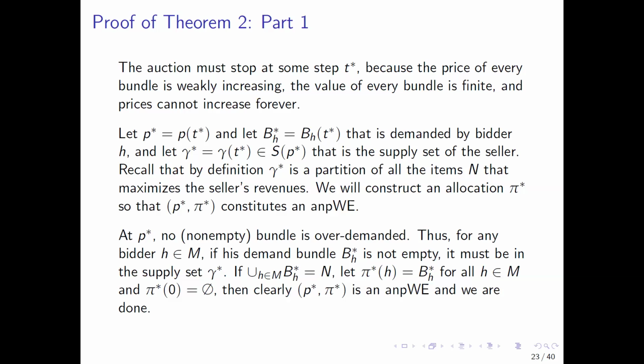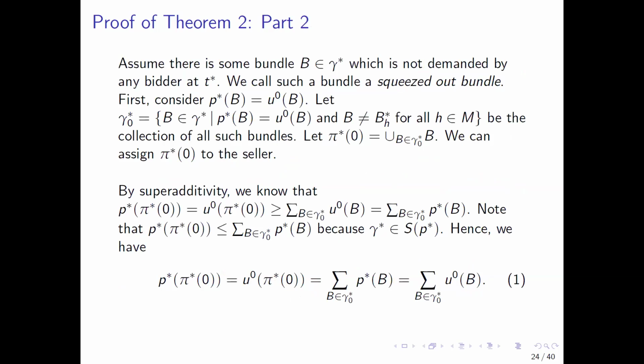Of course, if the union of all optimal bundles of bidders is equal to N, then we are done. We don't need to worry about that. But now there are other cases which are more important. Namely, assume that there is some bundle which is not demanded by any bidder at the last step.